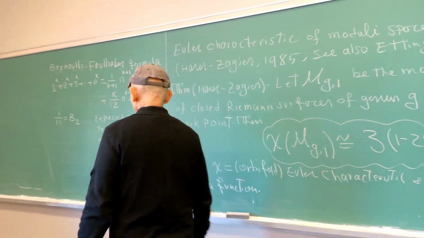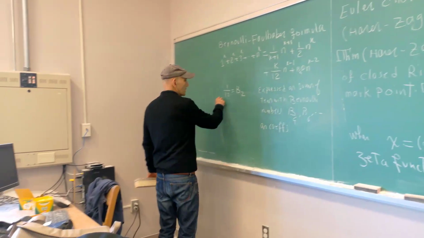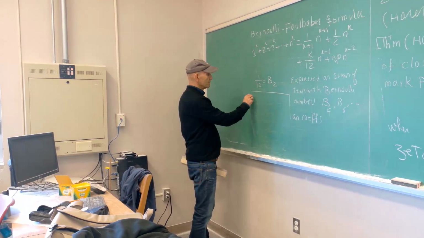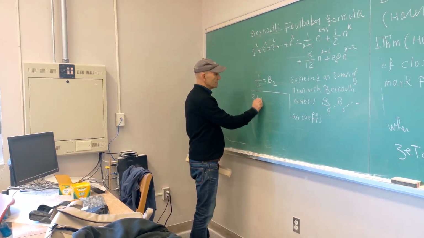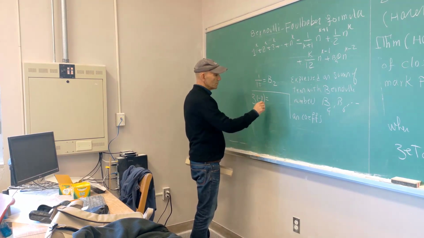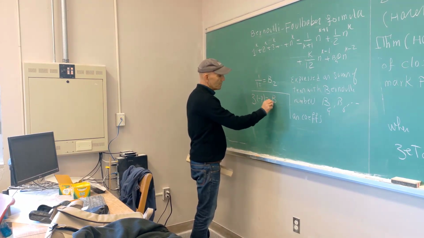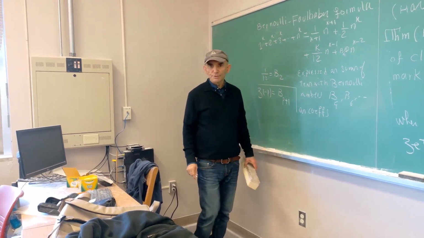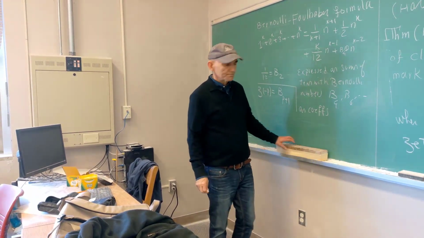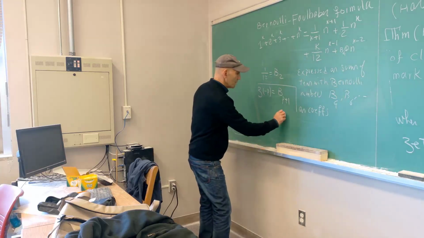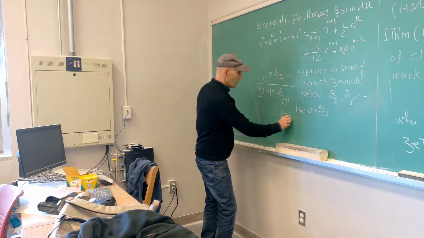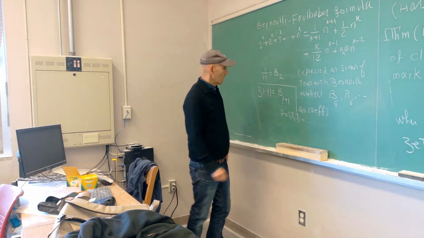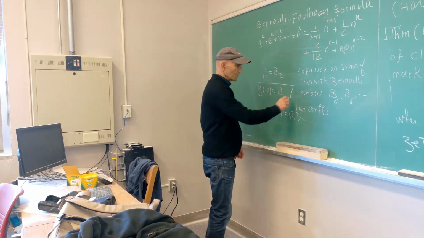The formula is that zeta of negative p is equal to, I believe, B_{p+1} in terms of Bernoulli numbers, for p equal to 1, 2, 3, etc. I think it should be divided by p plus 1.